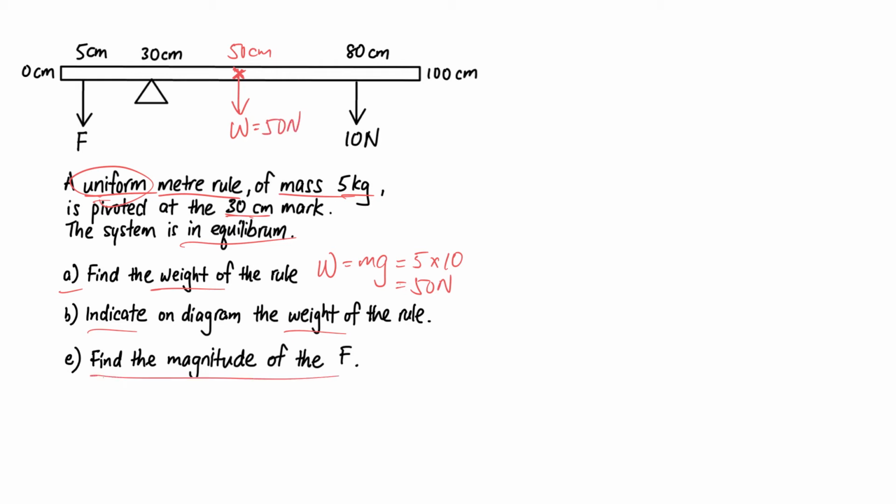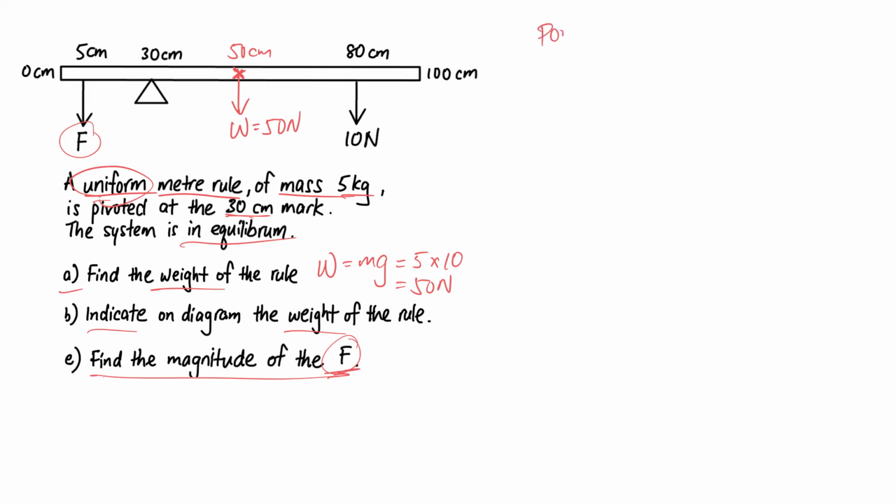So next one, finding the magnitude of the force F over here, left hand side of the pivot, that balances this whole ruler. Now, because it's balanced, I definitely can use principle of moment, or another way of thinking is whenever they ask you to find an unknown, I have to apply principle of moment.